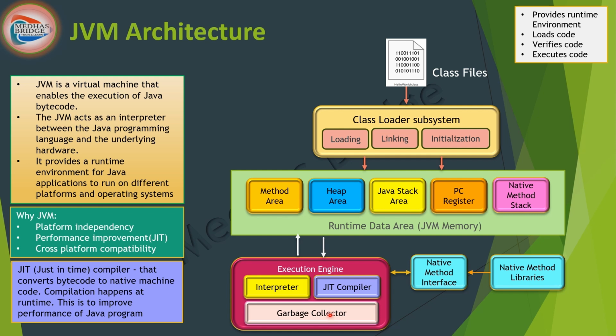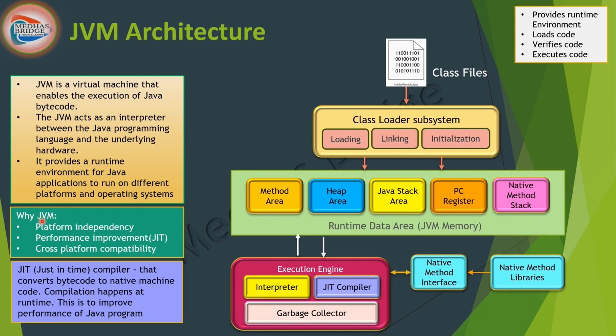JVM basically provides a runtime environment. It loads the code, it verifies the code, it executes the code, right? So in general we'll ask a question like, why JVM? With the help of JVM, we say that Java is platform independent code, because platform independence is achieved through the JVM.